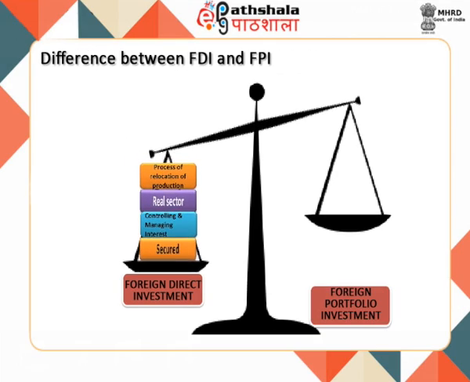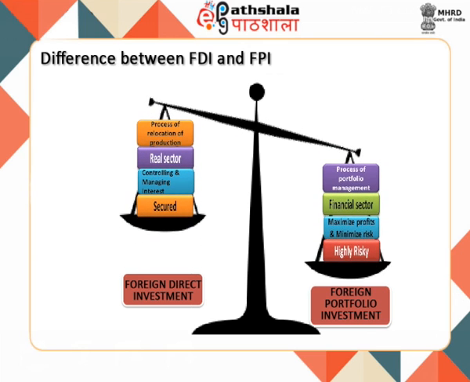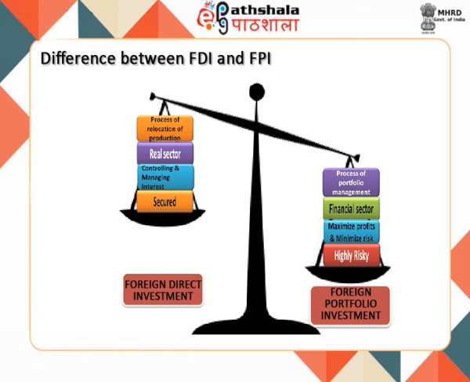Such MNCs are known as TNCs. To sum up, a TNC is identified on the basis of international ownership over and above mere international relocation of production. Let us now discuss the points of difference between FDI and FPI.